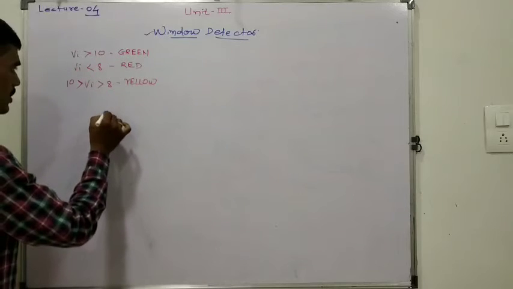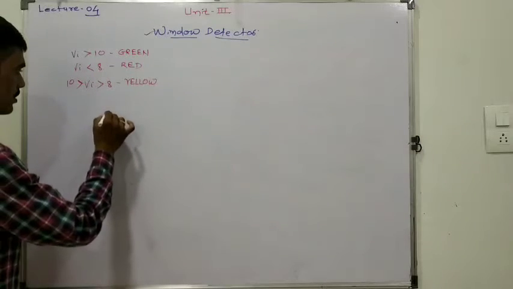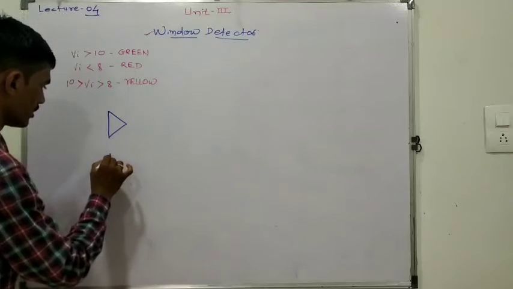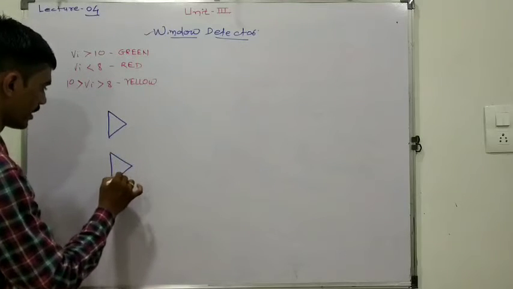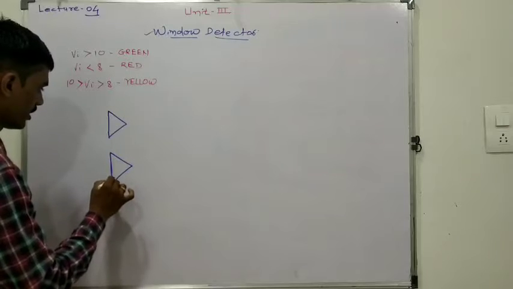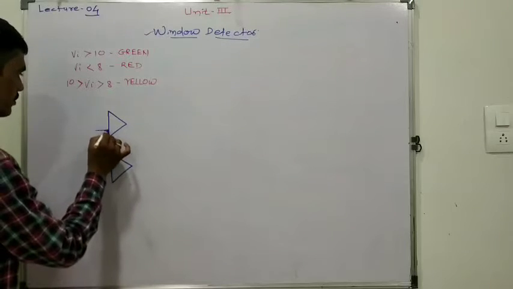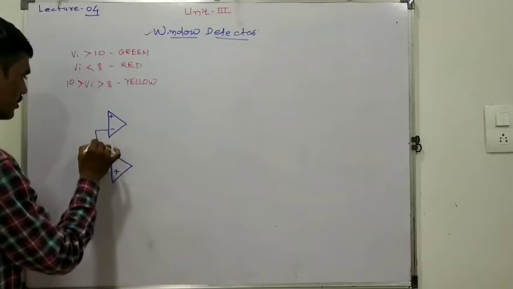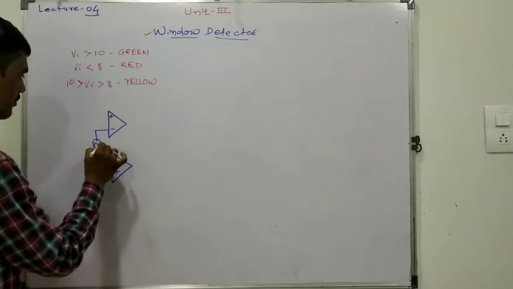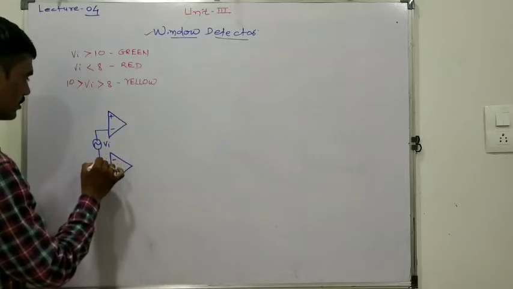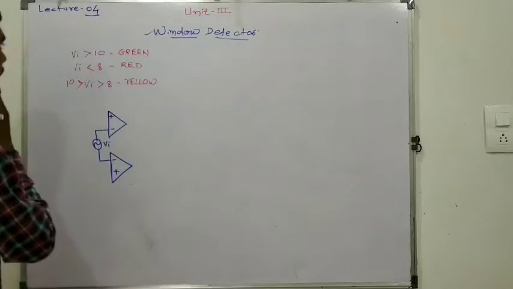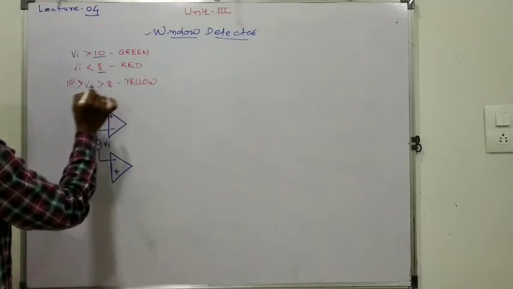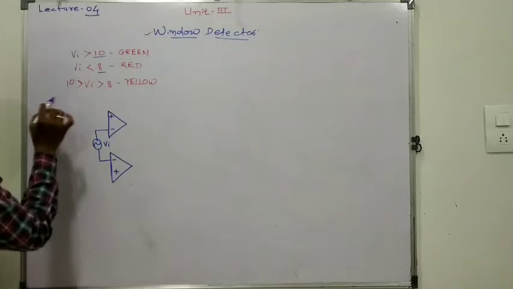Here we again have to use two comparators, that is, operational amplifier comparators, both working in the inverting mode. This is Vi. Again there are the voltage ranges, that is the upper threshold and the lower threshold.